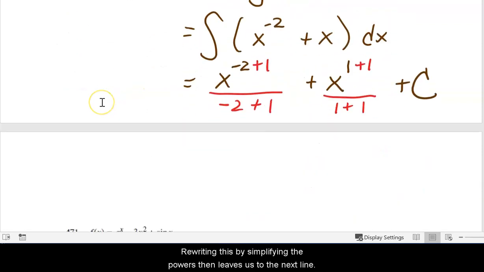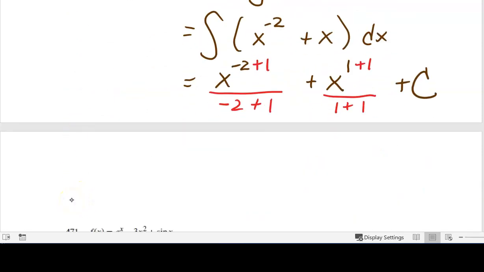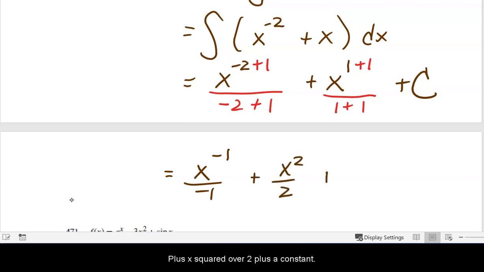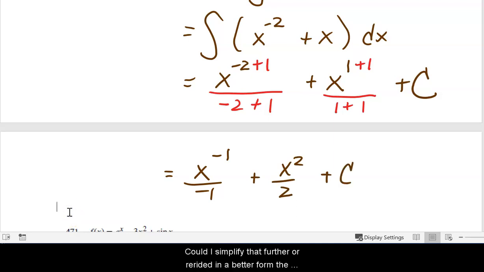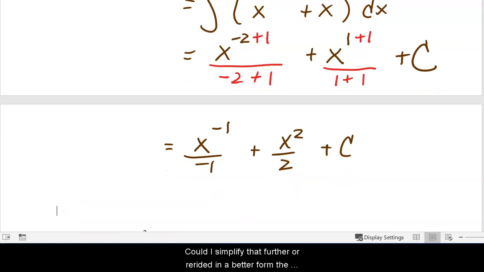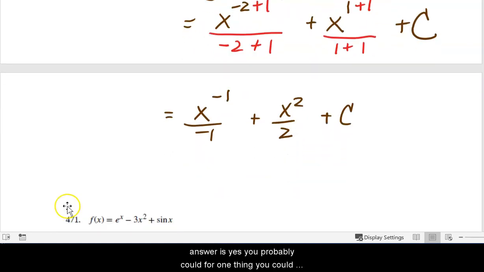Rewriting this by simplifying the powers then leads us to the next line. The next line would be x to the negative 1 divided by negative 1 plus x squared over 2 plus a constant. Could I simplify that further or rewrite it in a better form? The answer is yes, you probably could.